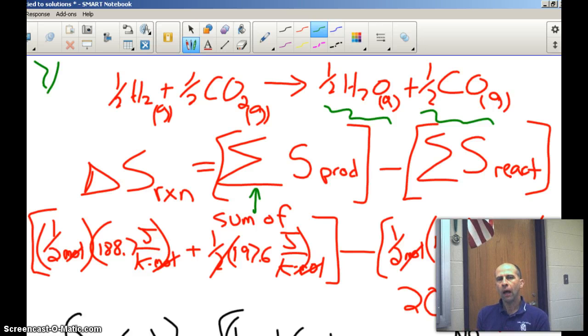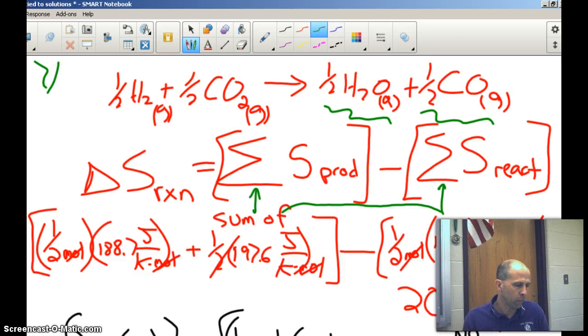Also, this symbol here means the same: sum up all the entropy of all of your reactants and subtract them. Whatever the difference in the entropy is, because they are state functions, you're going to have the change that took place, and it doesn't matter how the change happened as long as you got from point A to point B.